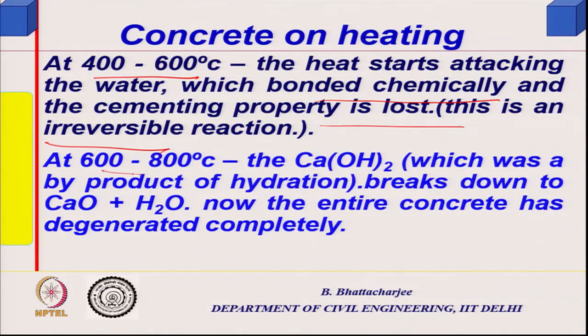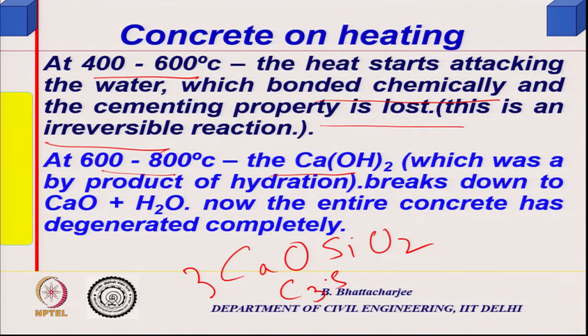At 600 to 800 degrees centigrade, there is the other part: the reaction of the material called tricalcium silicate, which we write as C3S in cement chemistry. When it reacts with water, it forms CSH gel plus calcium hydroxide.